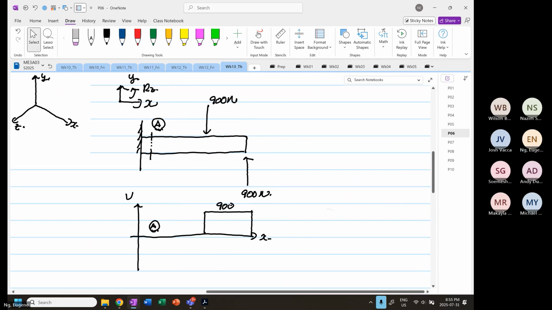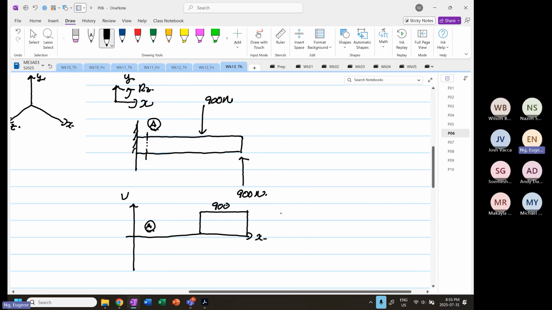You can do this by taking positive as going up: at point A it is 900 minus 900, and this is equal to 0. If not, you can also do it by what I've shown you.